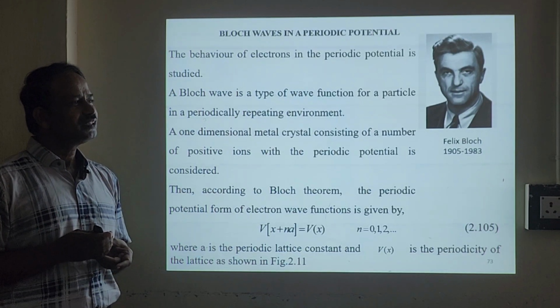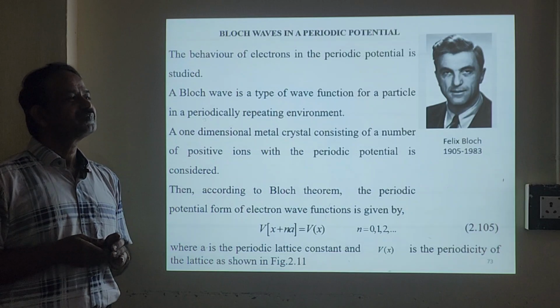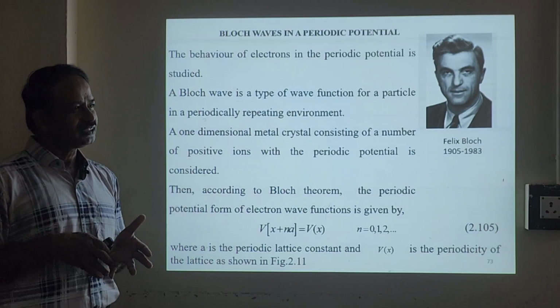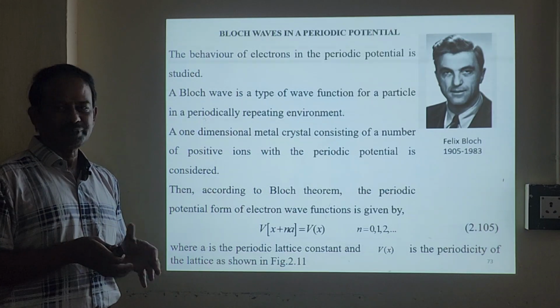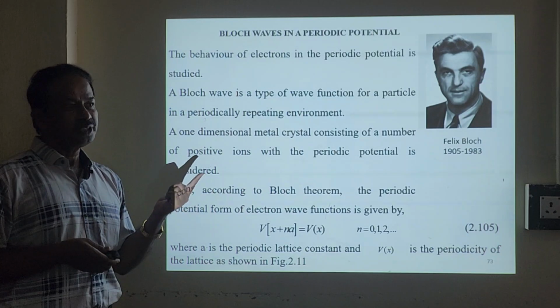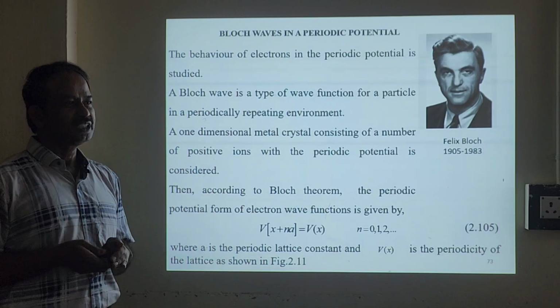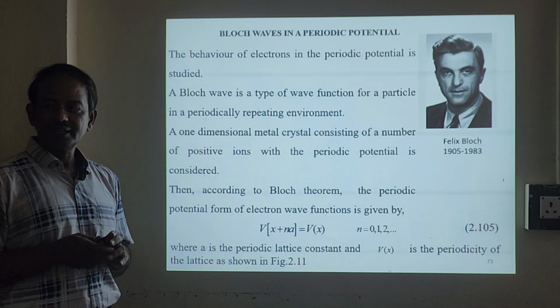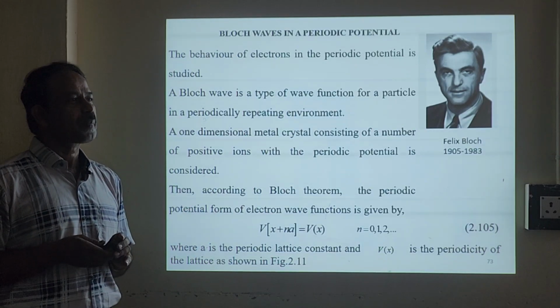Peter Debye was an inspiring person for him, and he learned all his physics from Schrodinger, Peter Debye, and nearby professors. Then Peter Debye inspired him to go to Germany and meet some scientists. So immediately he went to Germany. He met Heisenberg.